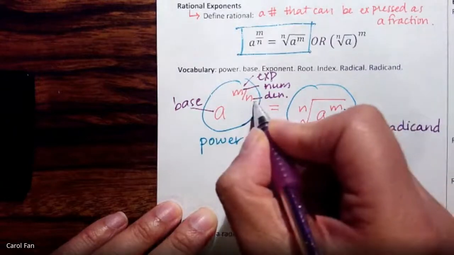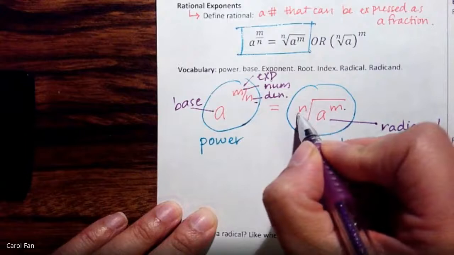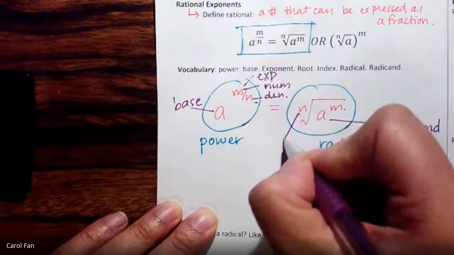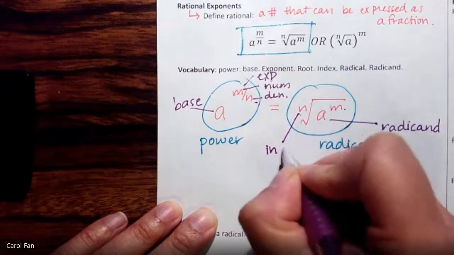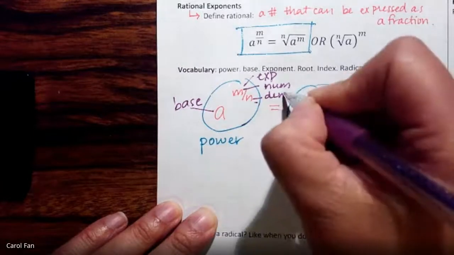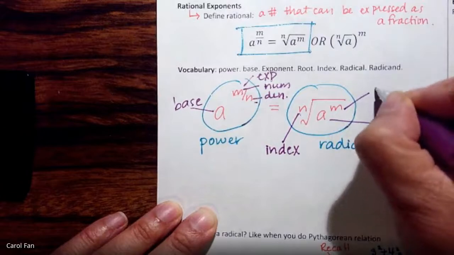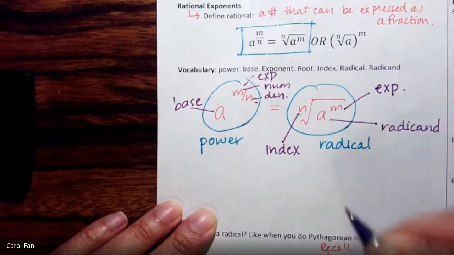You'll notice that the denominator, n, became the number that's outside of the root. So we call this the index number. And it came from the denominator. The m, which was the numerator, is still the exponent.